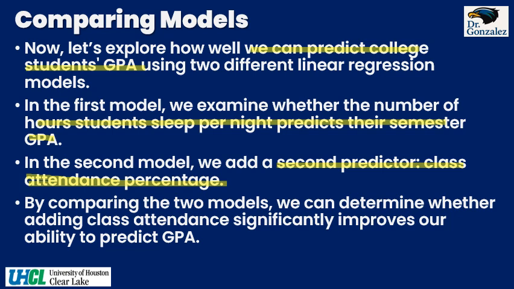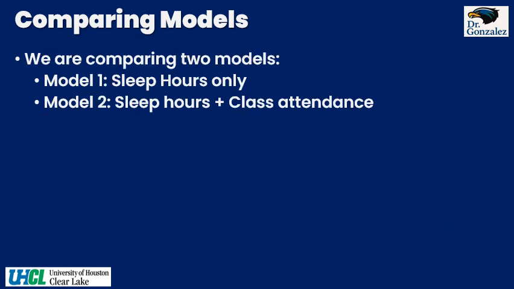So now we're trying to see, okay, if I accounted for 53%, or 50-whatever percent, of the variance in that first model, if I add another variable to it, can I predict more? Are these models significant? So we're going to compare those two models. Your two models are this: model 1, only sleep hours, and model 2, sleep hours plus class attendance.